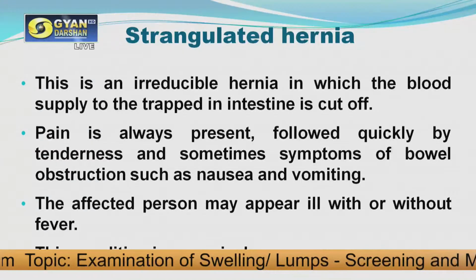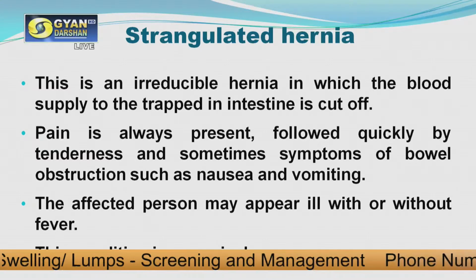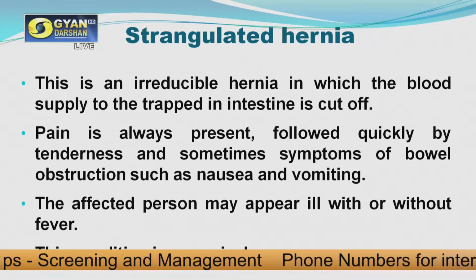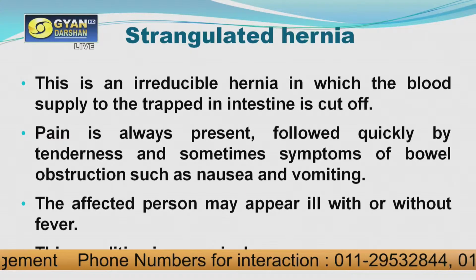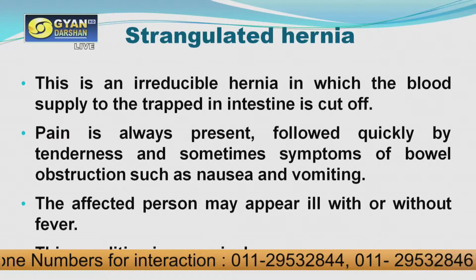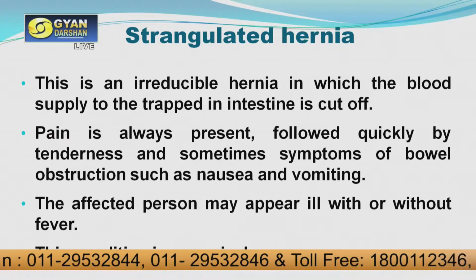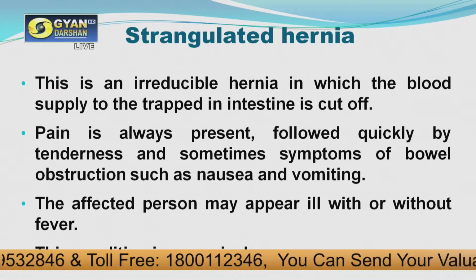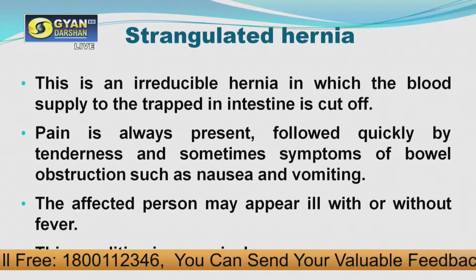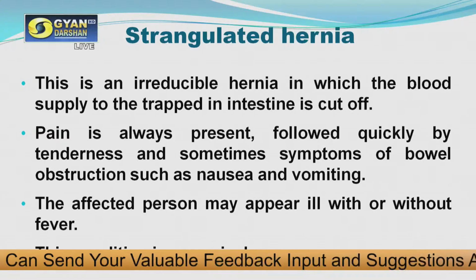So a strangulated hernia is an irreducible hernia in which the blood supply to the trapped intestine is cut off, and the pain is always present, because when there is no blood supply, it will lead to pain, followed quickly by tenderness, and sometimes the symptoms of bowel obstruction can also be there, and nausea and vomiting will be there.